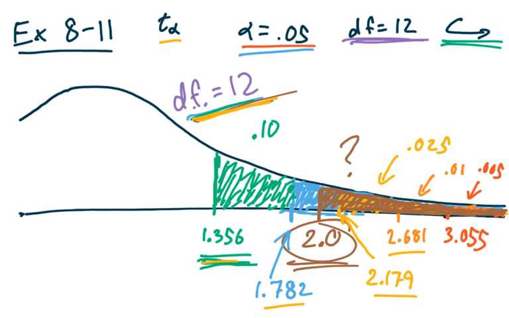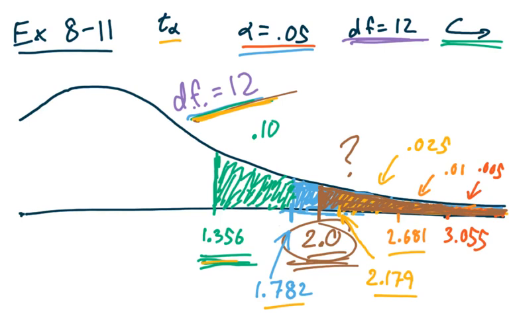And so if we want to know the exact area underneath this curve to the right side of this exact point, 2.0, well, we can't get it exactly. So if you tell me the exact p-value and it's a t distribution, I'll know that you used a computer instead of a table, basically. So what do we say?